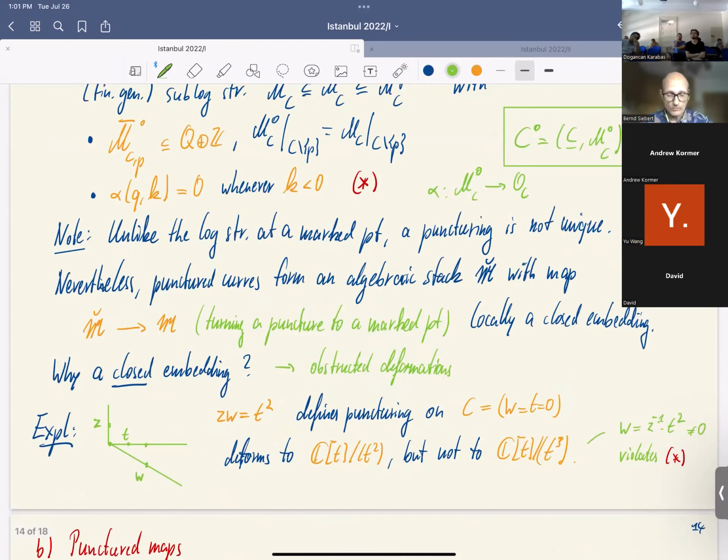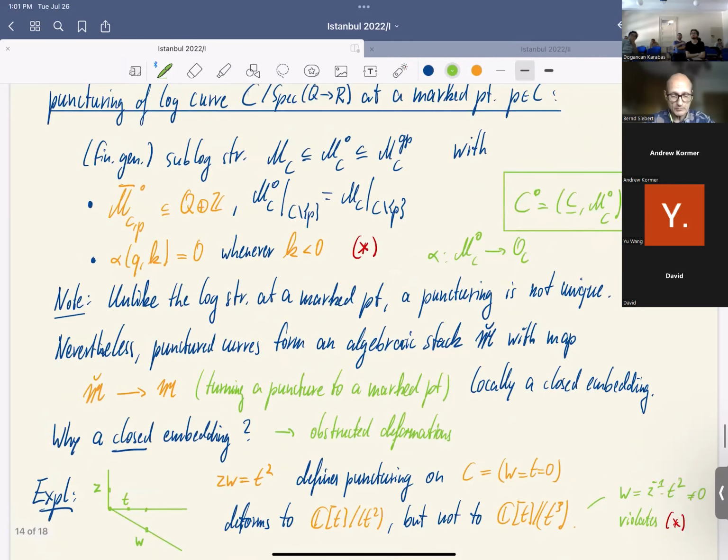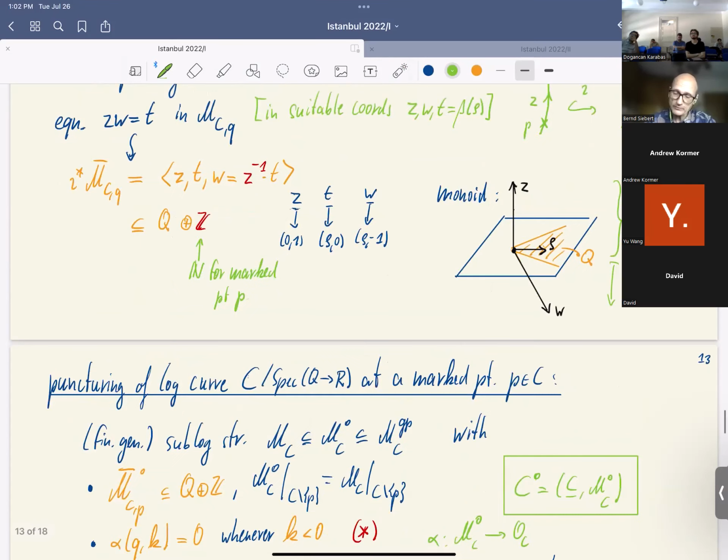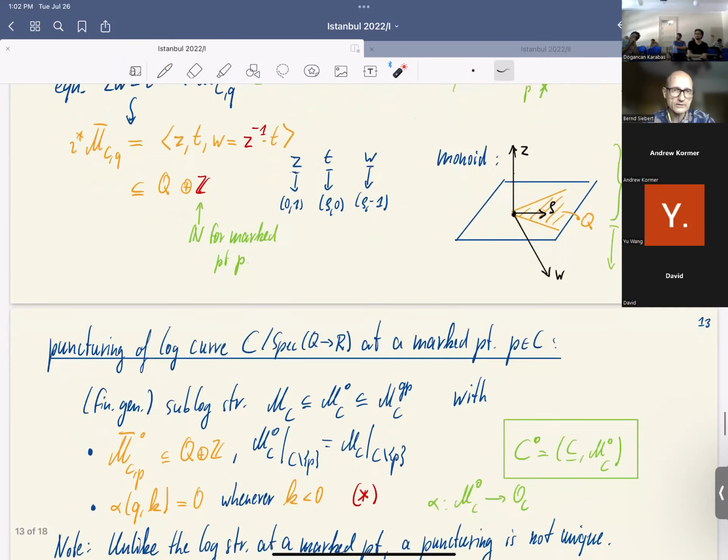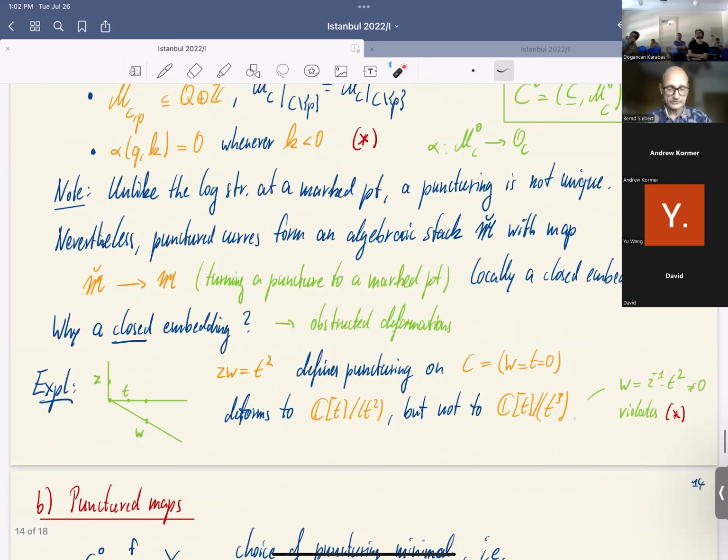What you notice immediately is that unlike the log structure at a marked point, that was a completely universal construction, this puncturing is not unique. It should be obvious by staring at this diagram here, because essentially you can add any kind of finitely generated monoid down here. So it's highly non-unique. You can add a lot of generators.